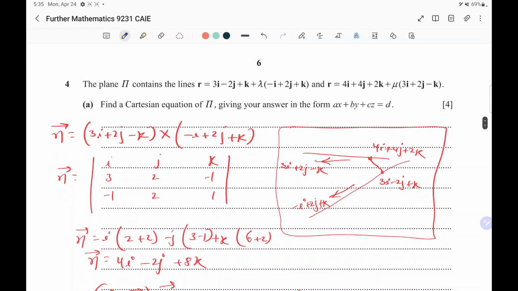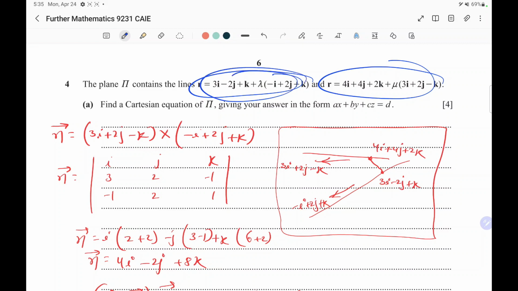Now question 4, that says the plane contains lines. Okay, we have these 2 lines, so we need to find the equation of the plane. That's very simple. You know, for the plane we need 1 point and 1 perpendicular vector, that is called the normal. So for this line you can check, we have 1 point here.